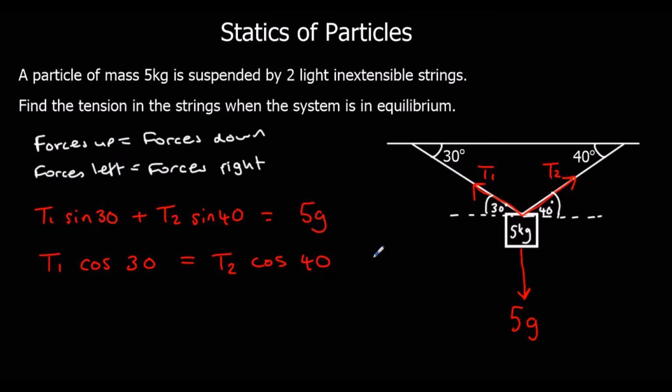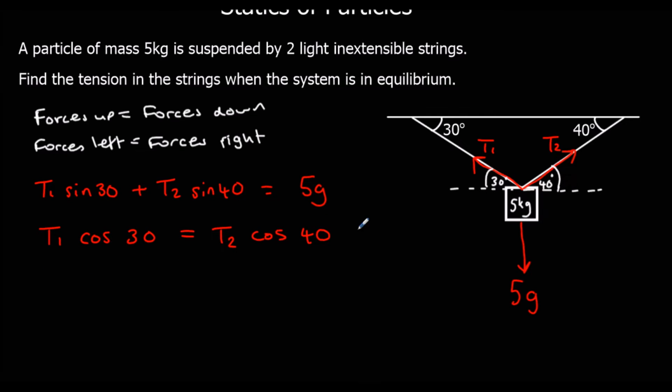So now we've got simultaneous equations, and we need to solve these. So we can rearrange one equation. If we rearrange the second equation to make it T1 equals, so we divide both sides by cos 30, we'll have T2 cos 40 over cos 30. So T1 is equal to T2 cos 40 over cos 30.